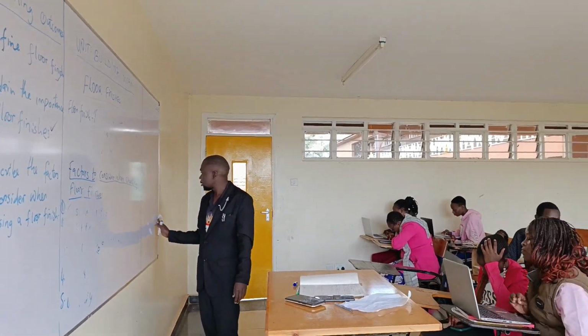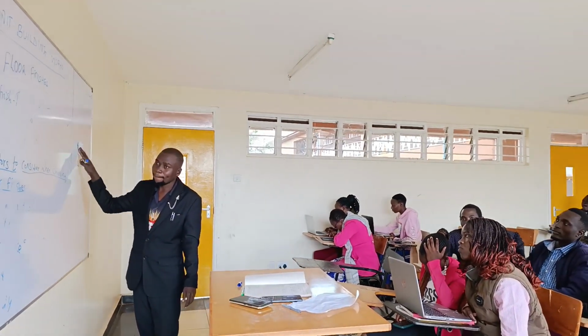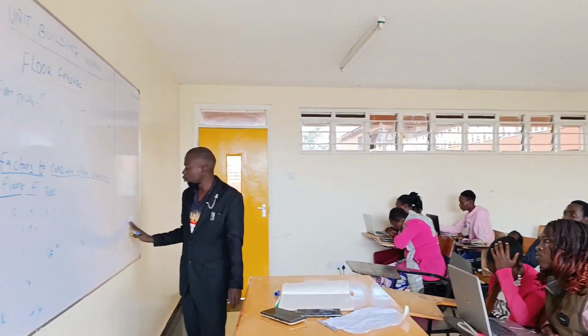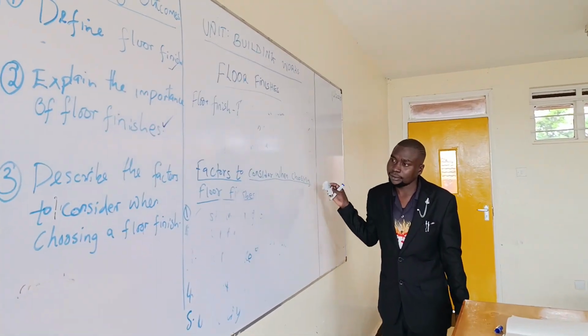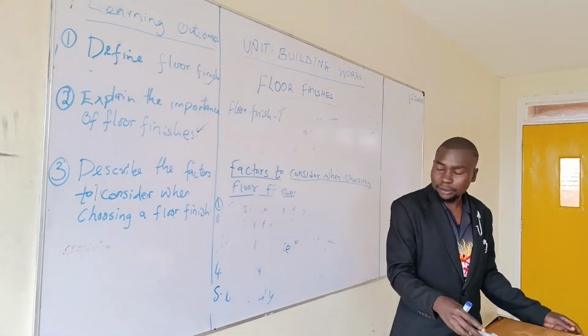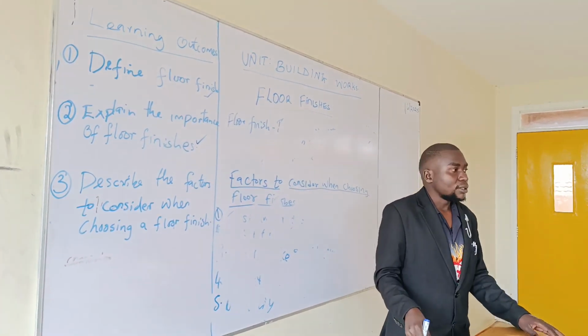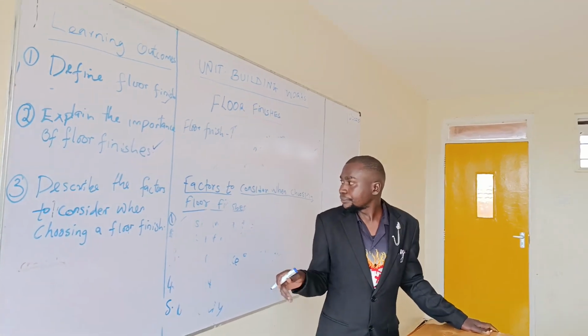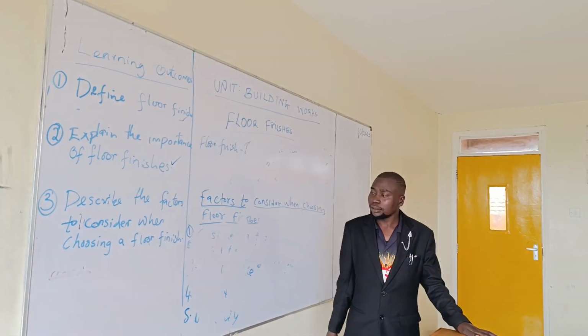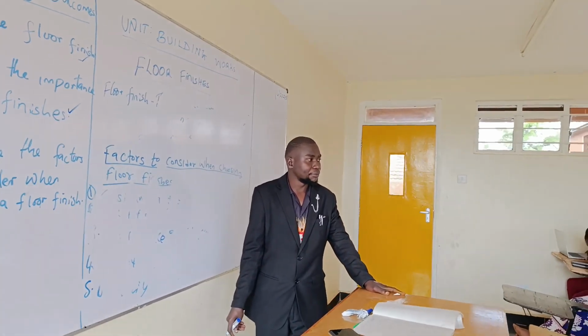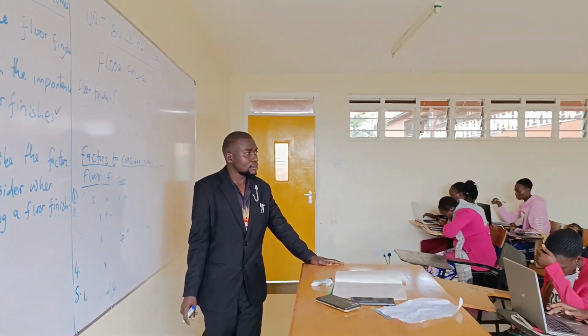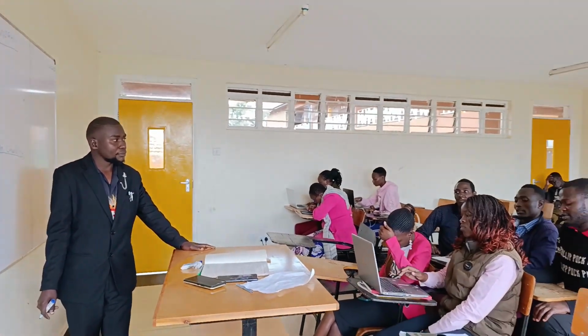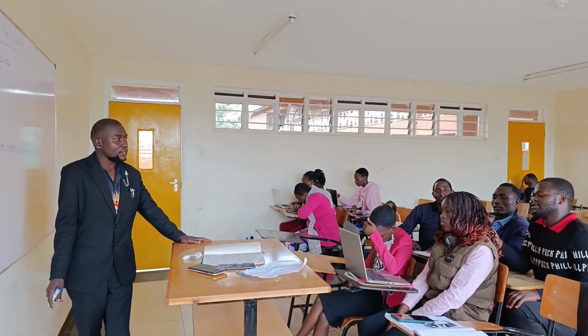Then before I write for you the assignment, I would like you to point out what I've left out. So can you continue saying the factors to consider when choosing a floor finish? Easy maintenance. Can you expand on it?